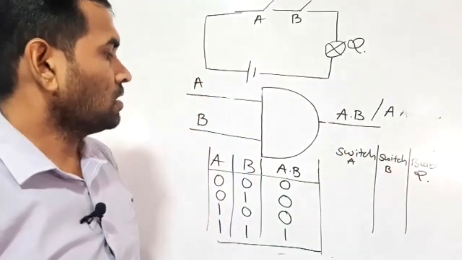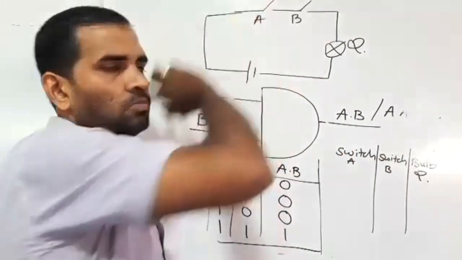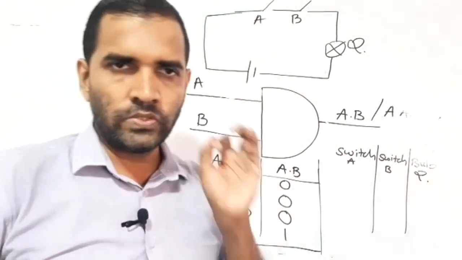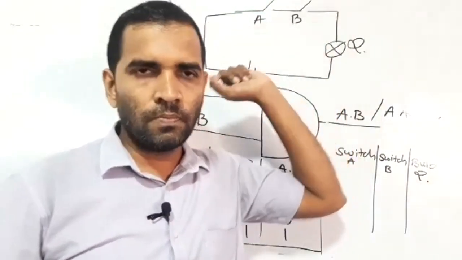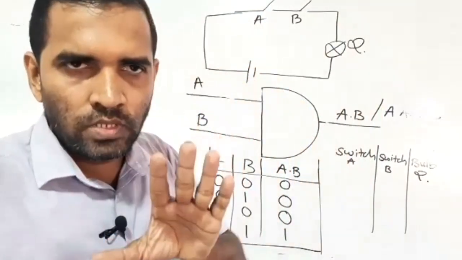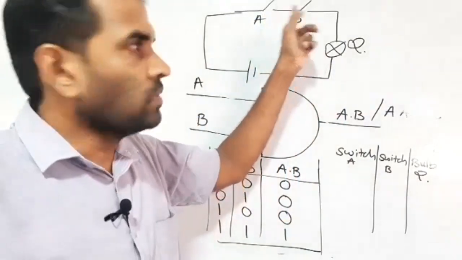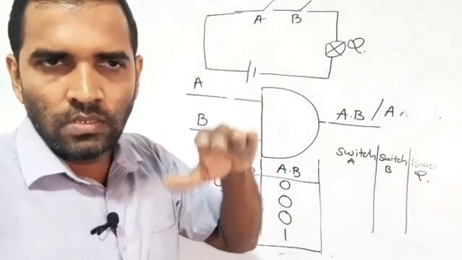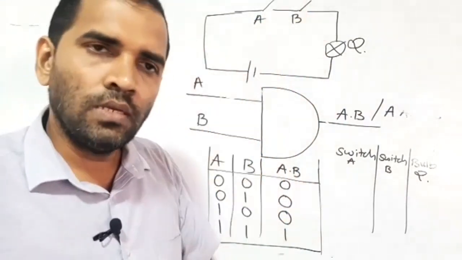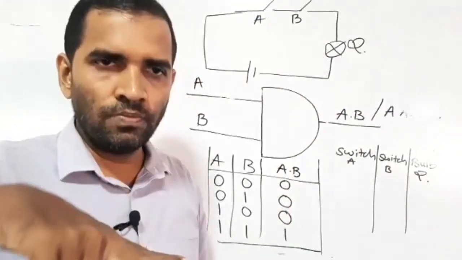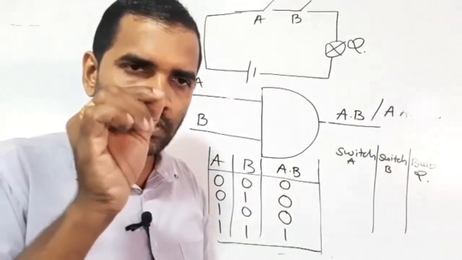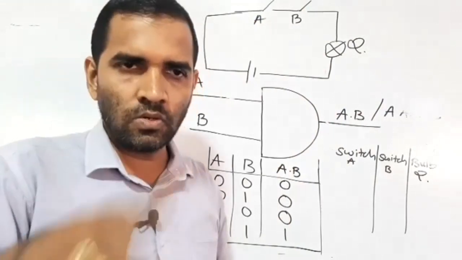Look here. Now both switches are off. When both switches are off, no electricity flows. There is no electricity here. So when a switch is off, we take it as 0.